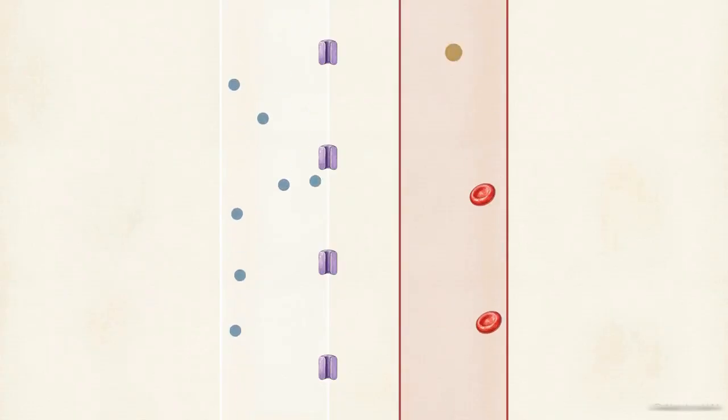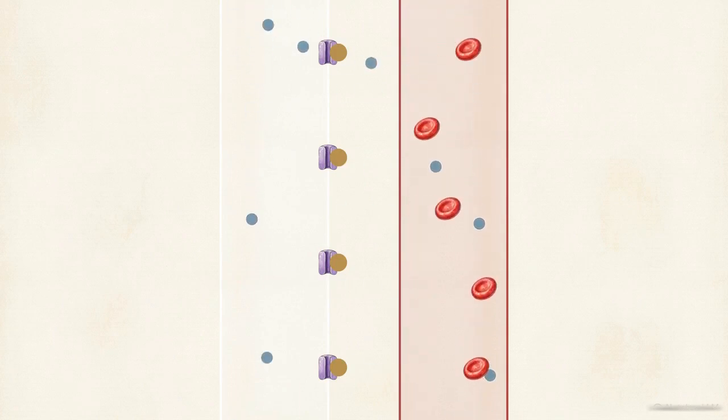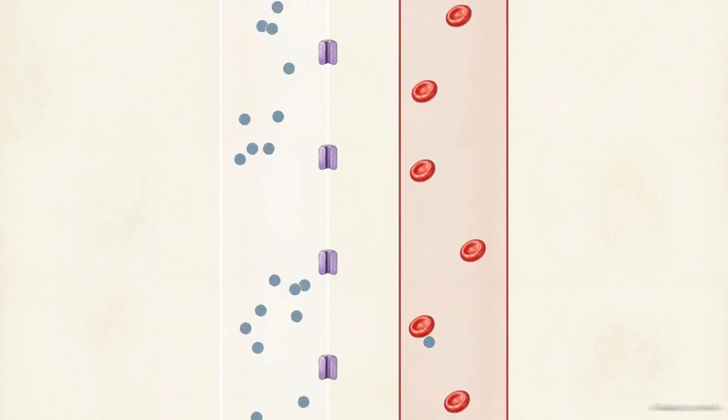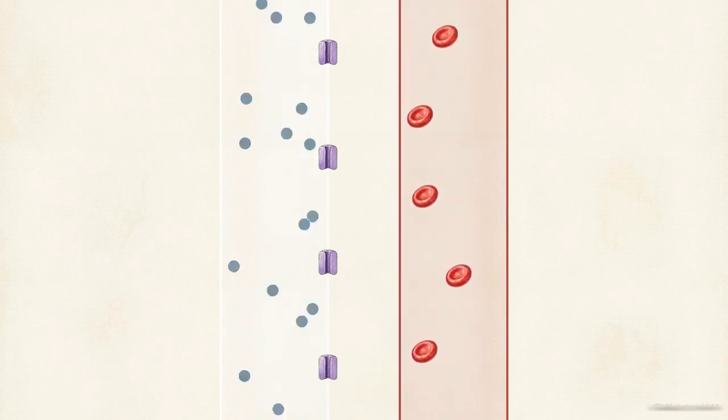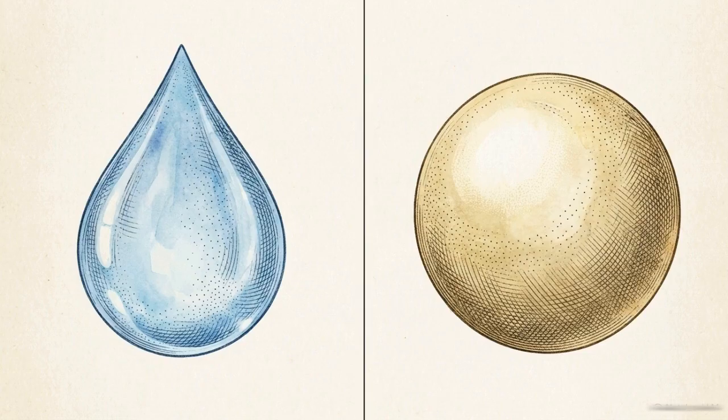ADH commands the nephron to reabsorb the necessary water back into the bloodstream, preventing massive dehydration. Substances like alcohol actively inhibit ADH production, which shuts down this reabsorption process and leads to rapid fluid loss. The nephron achieves systemic homeostasis by perfectly balancing the mechanical force of blood pressure with precise hormonal feedback.